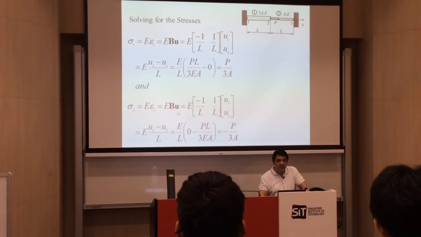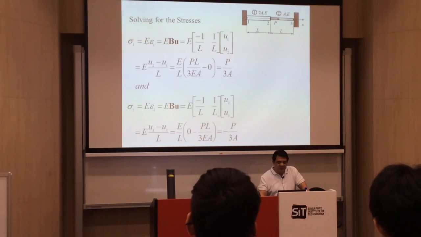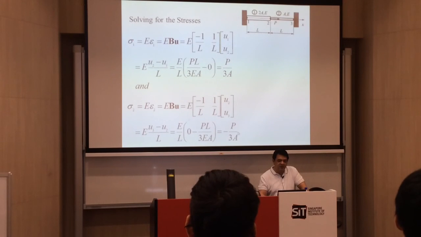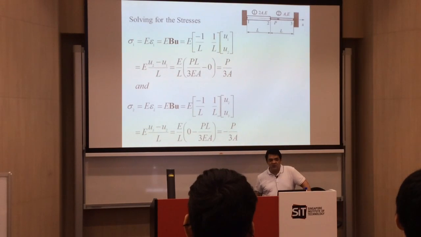So again, just using that equation that we were able to get, B is this, U is that, and then you can solve for your stress. So you now have your displacement as well as your stress, which are the things that you can find from your finite element softwares.